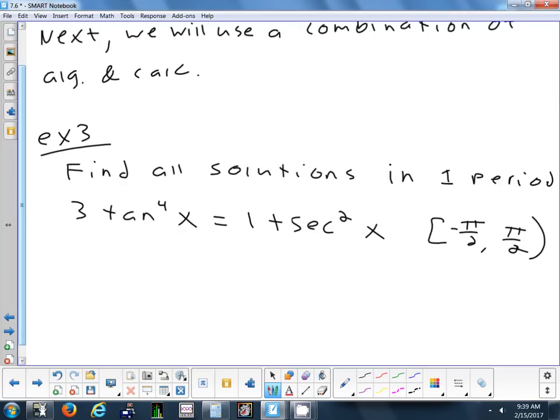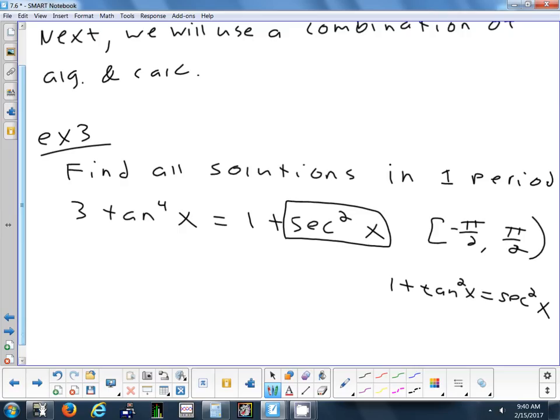Yeah? 1 plus tangent squared equals secant squared. So what I would do is replace secant squared with 1 plus tangent squared. And then you're going to have all tangents in the problem. Okay?